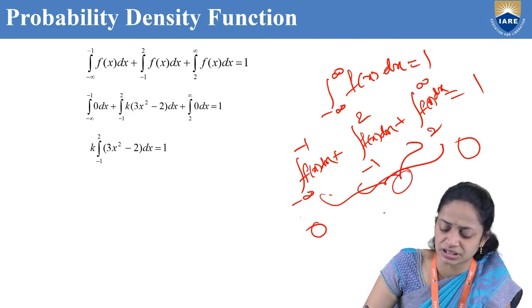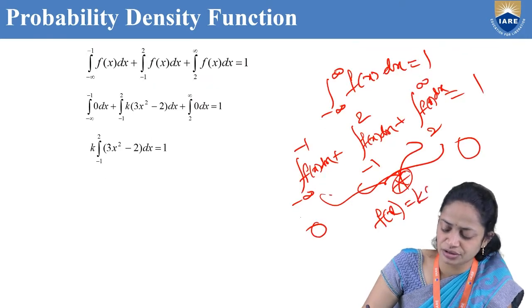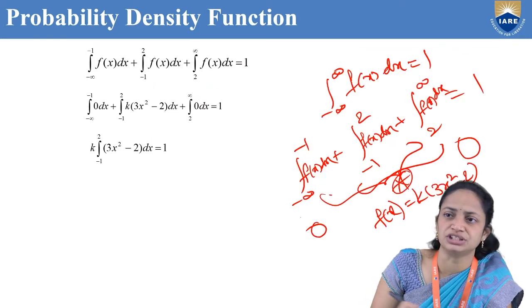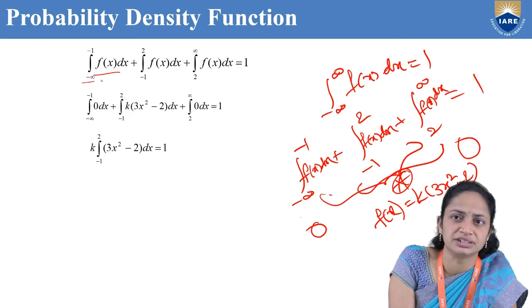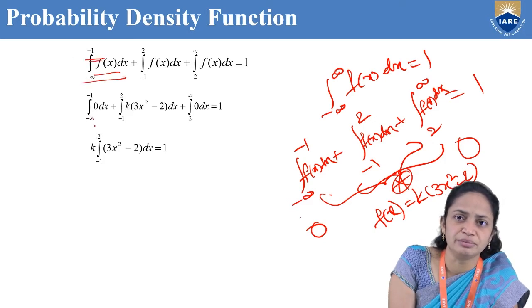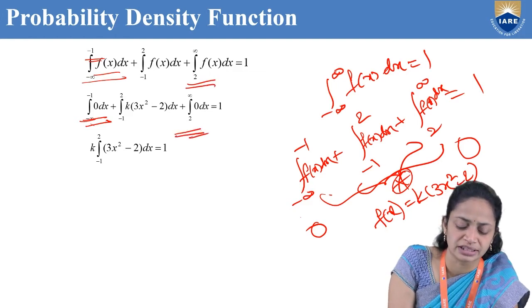So what is our function? Here our function f of x equals k into 3x square minus 2. Okay, so now substitute the function here. In the case of minus infinity to minus 1 the function will be 0, and from 2 to infinity the function will be 0. These two are otherwise cases.